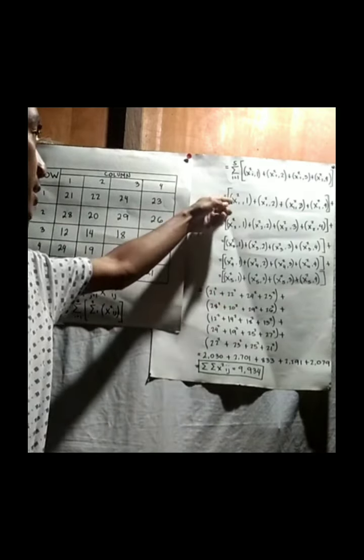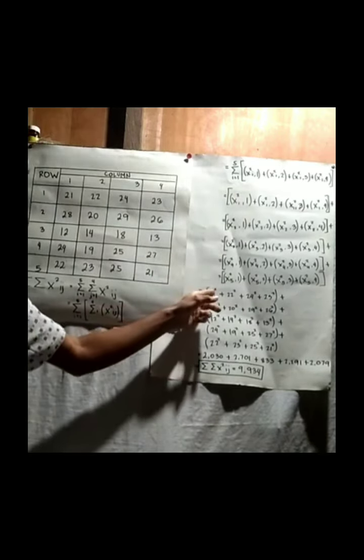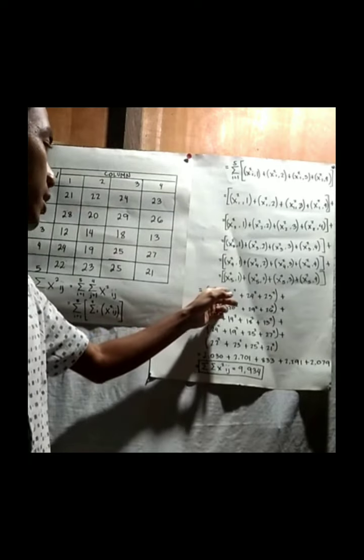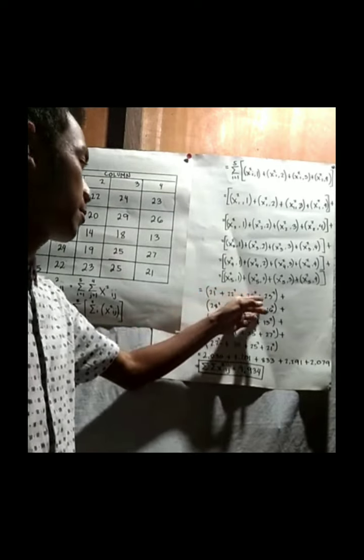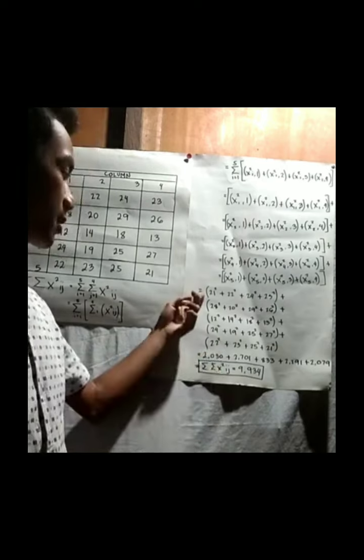Then we substitute the values. For x squared sub 1, row 1, the 21 is squared, plus 22 squared plus 24 squared plus 23 squared. So, we get the results from row 1 to row 5: 2,030 for row 1, plus row 2, 2,701, plus row 3, 833, plus row 4, the value is 2,291, plus 2,079.